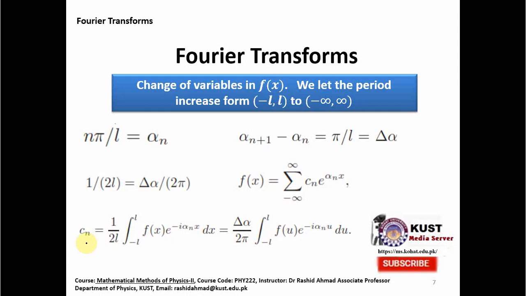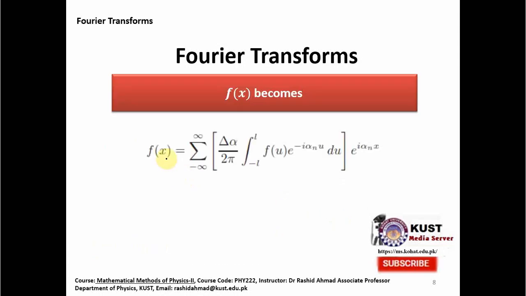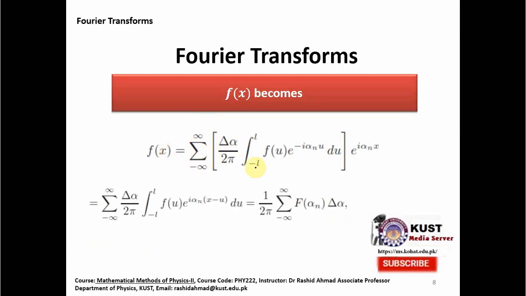So you see now these Cn's are some integral of this kind, and now what I want to do is to put back the Cn over here, and when I do this, then f of x looks like this. So I have just put the value of Cn after making a few definitions into the Cn, and then putting back into the value of f of x.